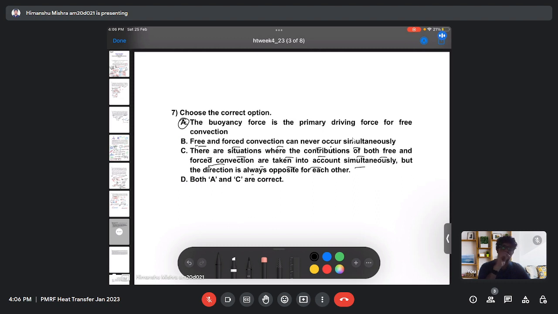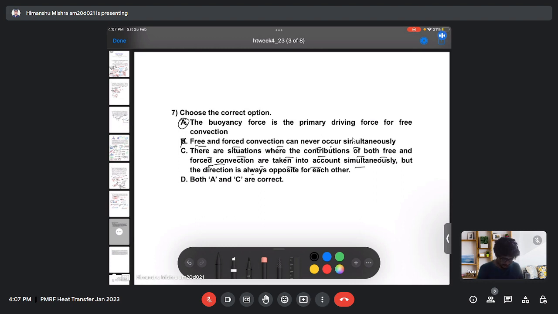For the free convection, there is a restriction that it happens when there is a density change or temperature change, and due to this only the free convection occurs. But for the forced convection, there is no such restriction. In fact, we just need to push the fluid over any surface, and we will have forced convection, and on top of it we can have free convection also. This option is not the correct option.